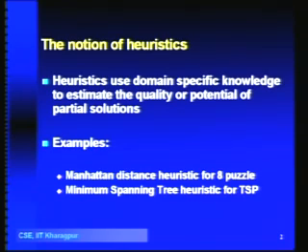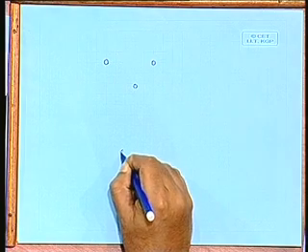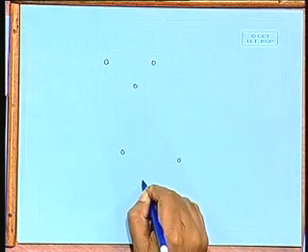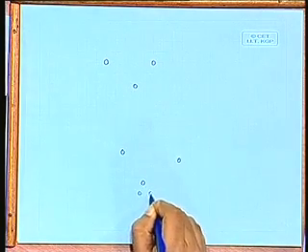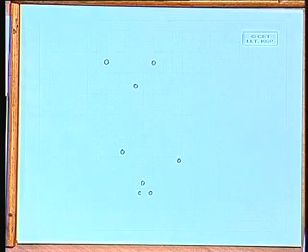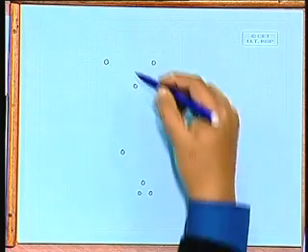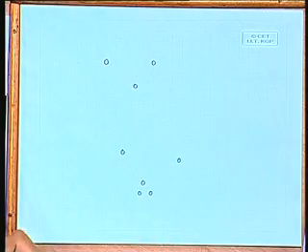Now, this is what we do. We have an instance of TSP and we want to find out a lower bound on the cost of the tour. So, what we have is these cities, and we have to find a tour through all these cities.